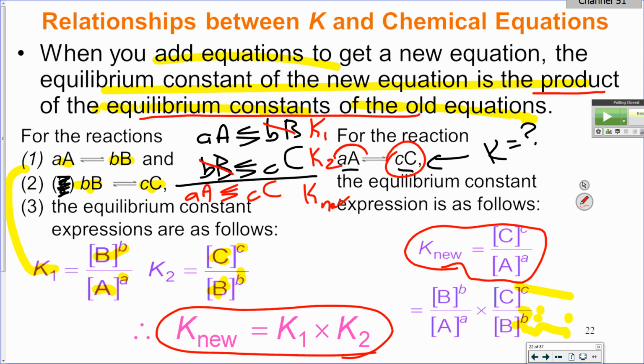The reactants are A to the A power. If I multiply K1 times K2, you'll see the A's and the B's cancel out. I'm left with C on top, little a on bottom.